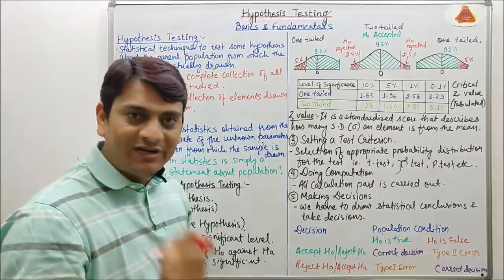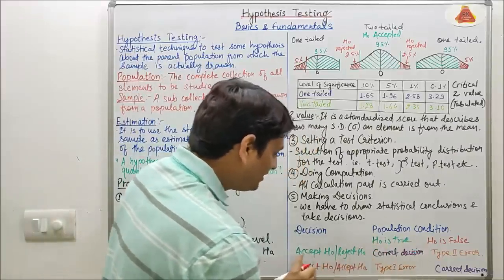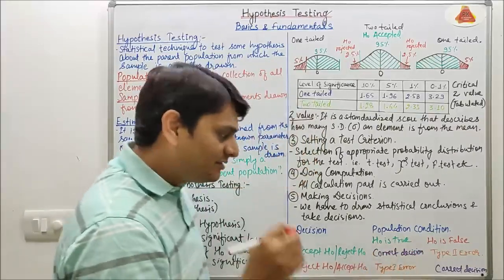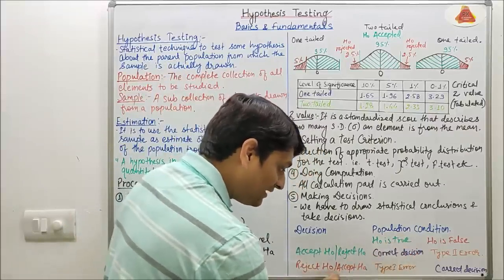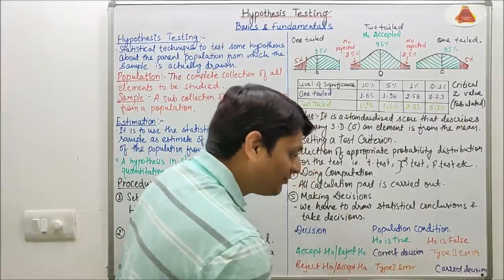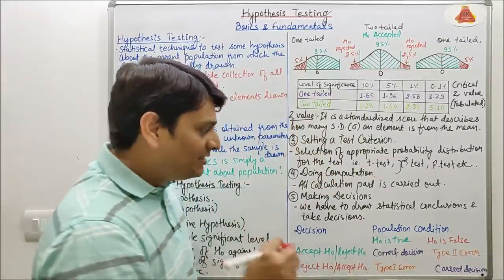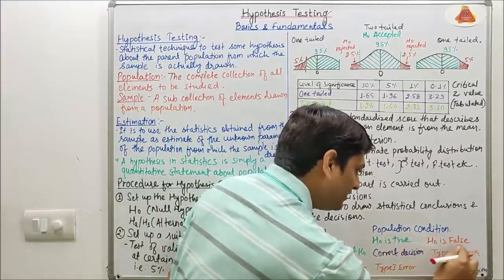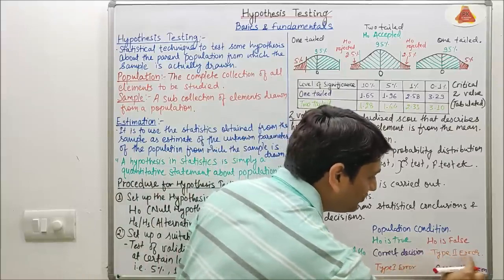As per our analysis, if H0, the null hypothesis, is true and we accept it, then our decision is correct. If H0 is true and we reject it, or accept the alternative hypothesis, then it will give a type 1 error. If our null hypothesis is false and we accept it, then it will give a type 2 error.